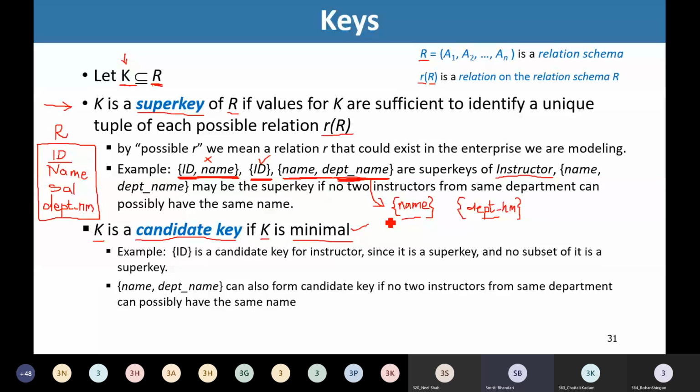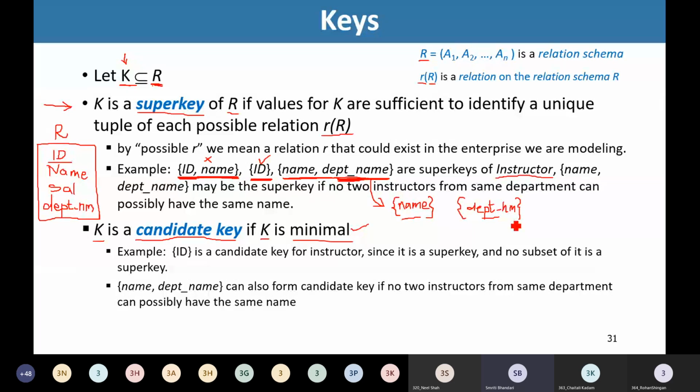Similarly, if this subset department name is considered, department name is repeated for various tuples because I may have many instructors belonging to the same department, right? So department name may not be treated as the super key. So in a sense, if I look at this super key name, department name, I am having these two subsets, name and department name, but none of these subsets are super keys, right?